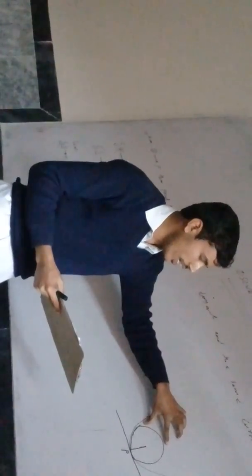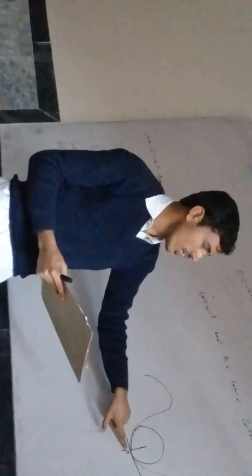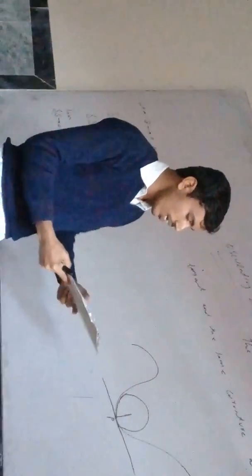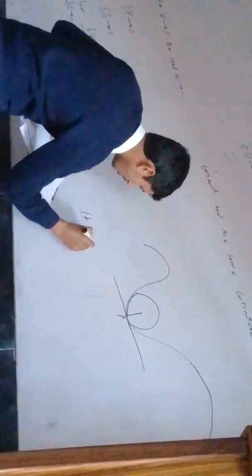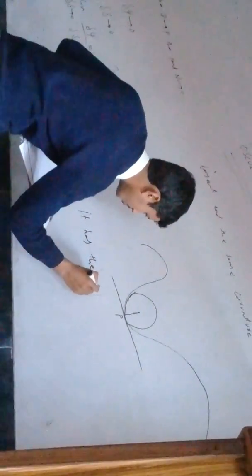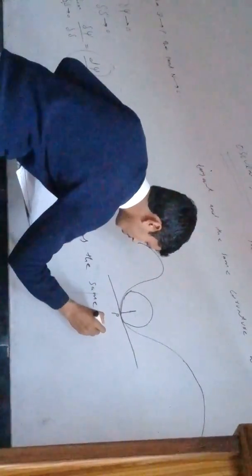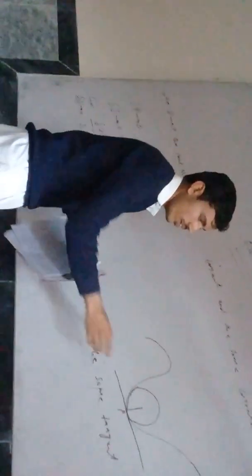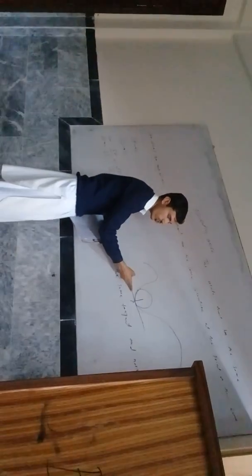The curve and the circle tangent will be the same here in the osculating circle.